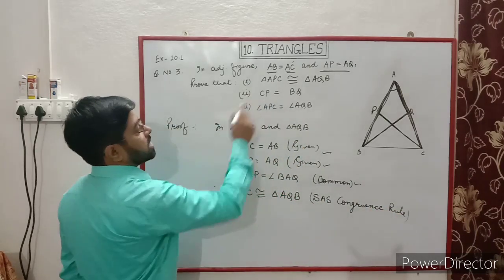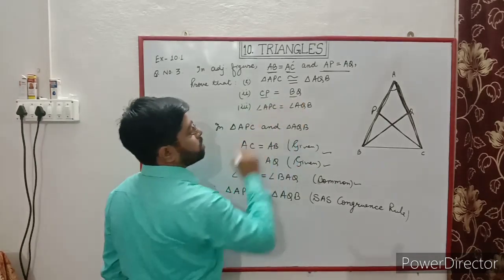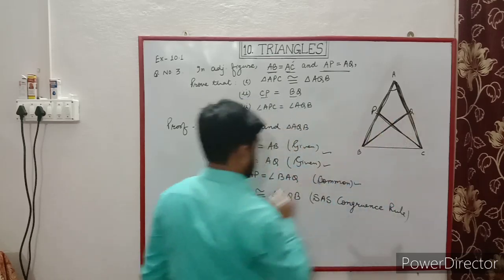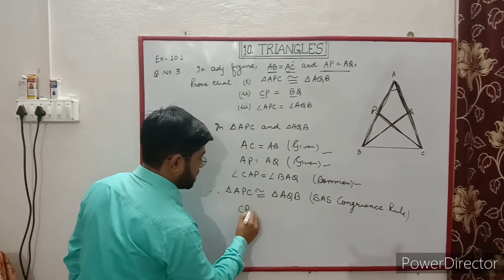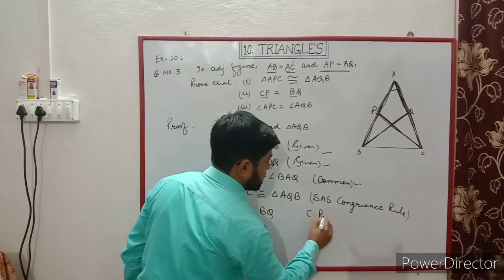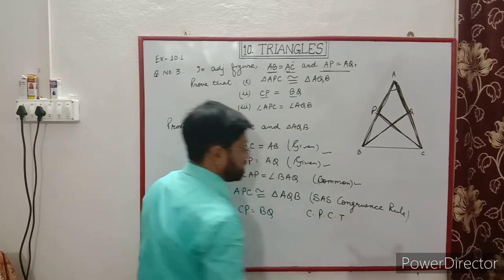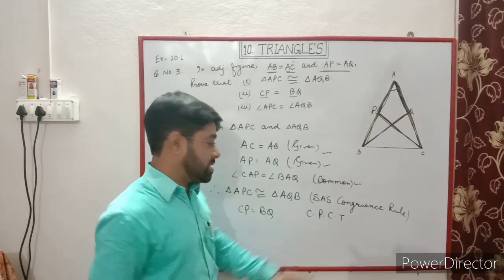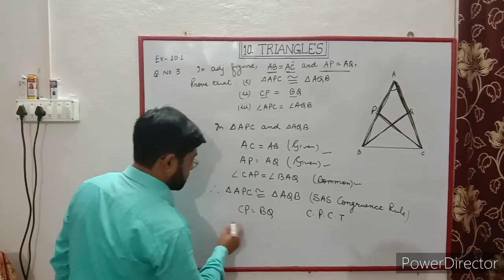First part proved. Now the second part, CP is equal to BQ by CPCT, corresponding parts of congruent triangles are equal.